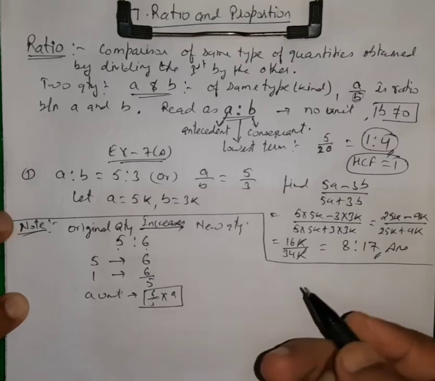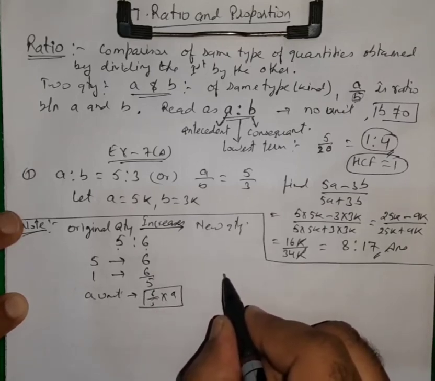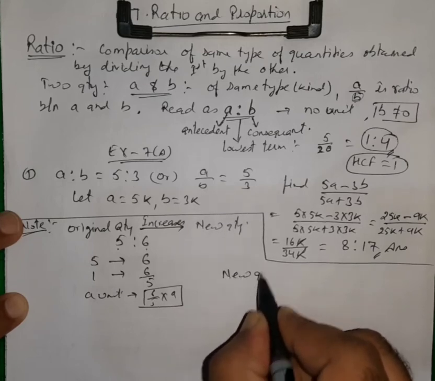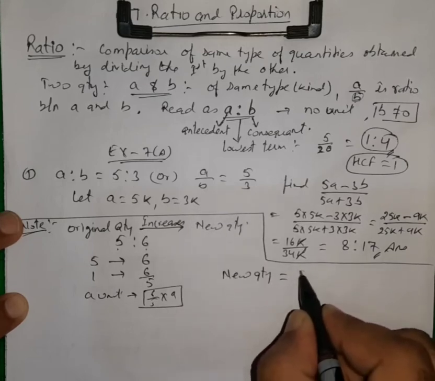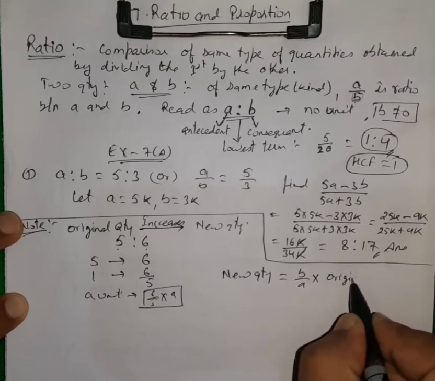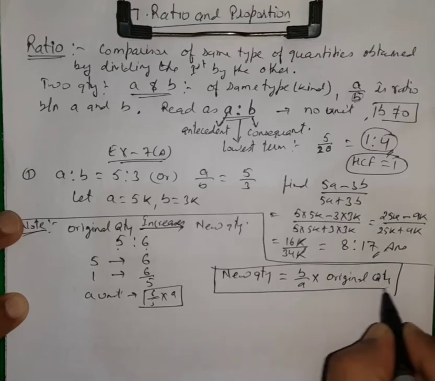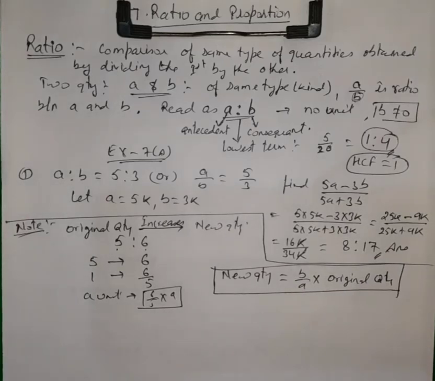So the unitary method can be used, or similarly we can use: new quantity will be equal to b over a times the original quantity.